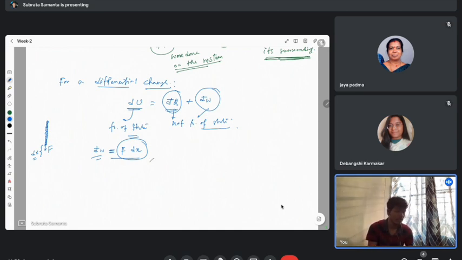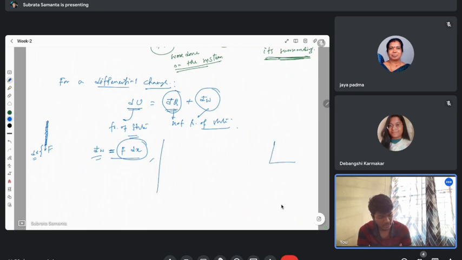Similarly, consider the work done by compressing a gas. This is a kind of chain problem, but similarly we can do it. Let's say there is a gas and there is some piston. We can increase the volume V to, let's say, V plus dV.